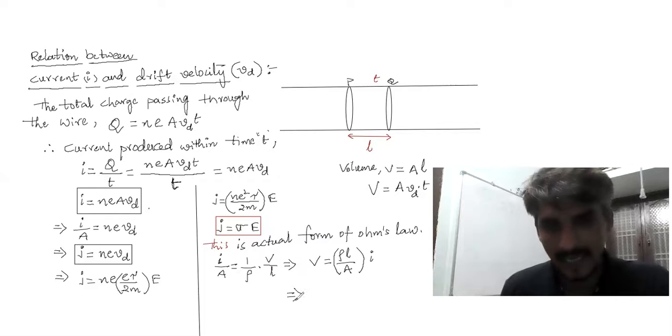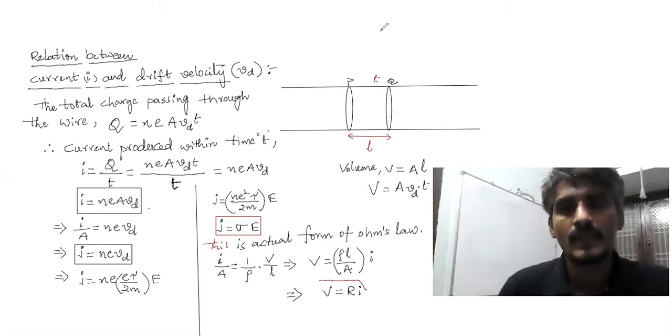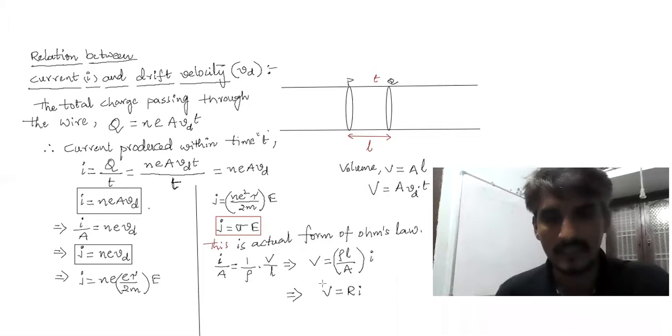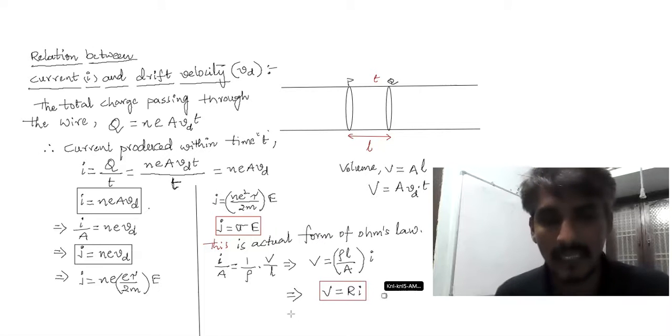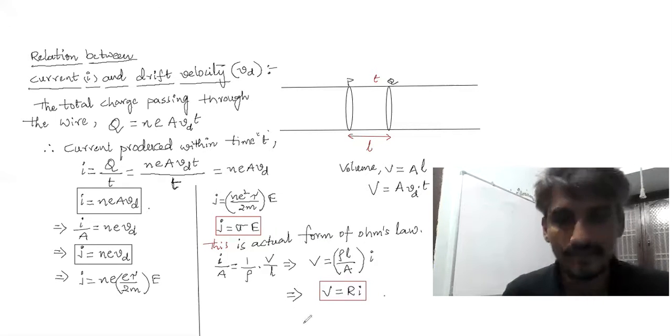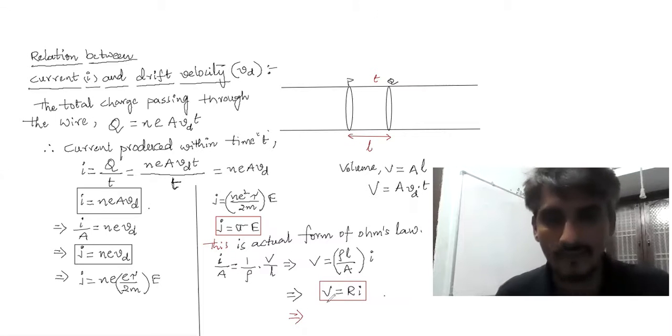That's why we are writing it as V is equal to R I. This is the actual form of Ohm's law that we are studying. V is equal to R I. What does it mean? It means the potential difference.